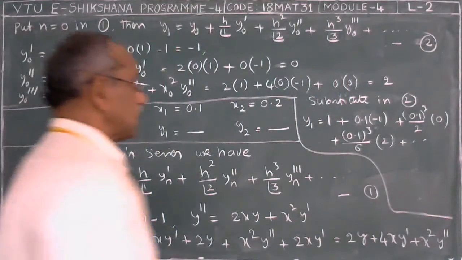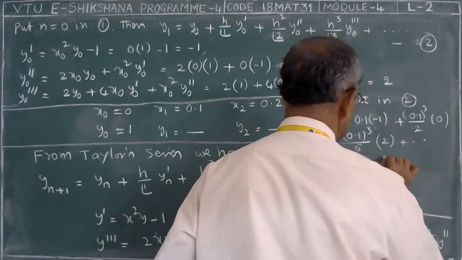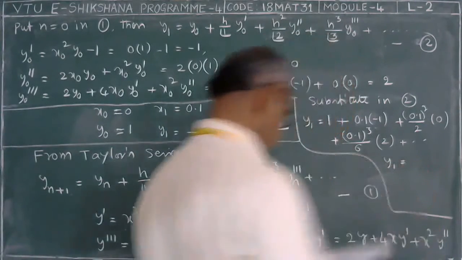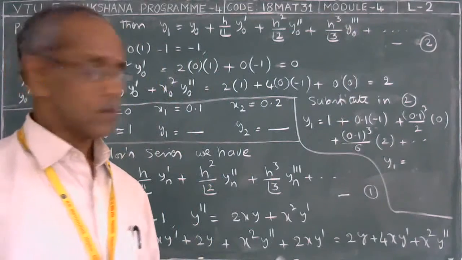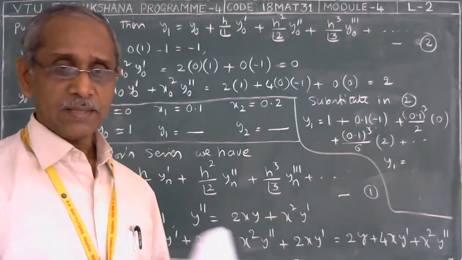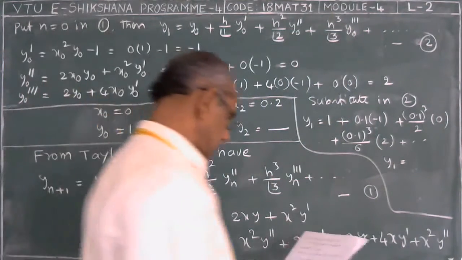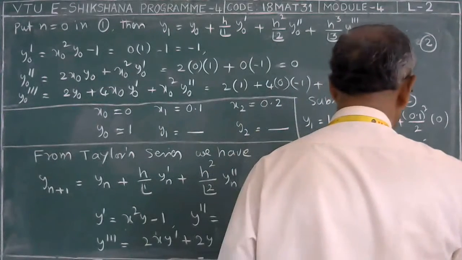Okay. So if you compute this, y1 is equal to, using calculator, so don't do manually, using calculators, if you calculate carefully, you get 0.9003.